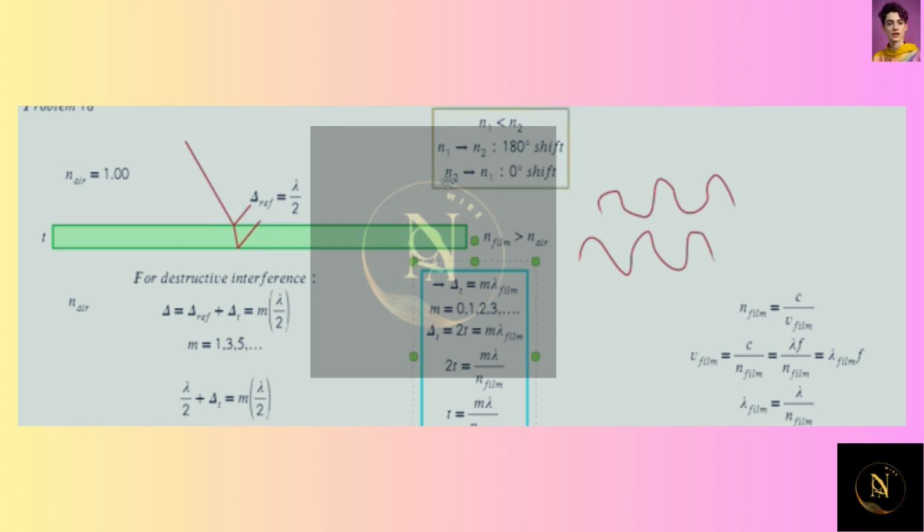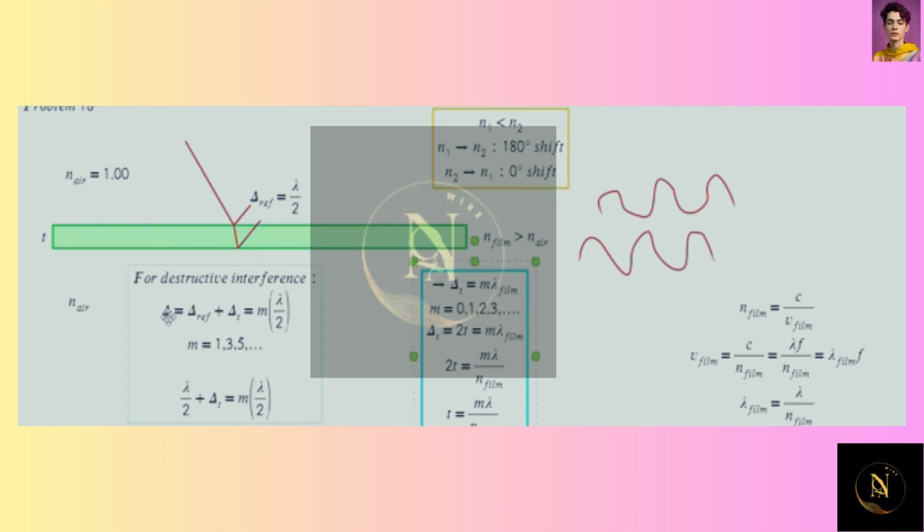It's shifted because we're going from a lower refractive index to a higher one. The transmitted part of the beam is not shifted, and then as it reflects at this boundary, since we're going from a higher refractive index to a lower, it also doesn't get shifted. Then it comes out and through.